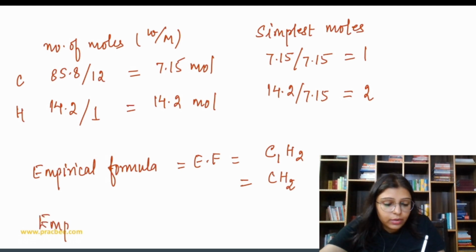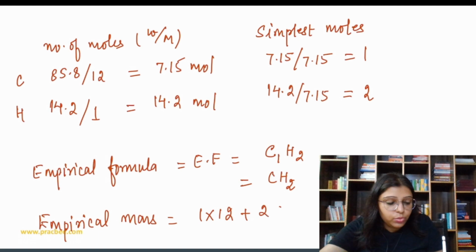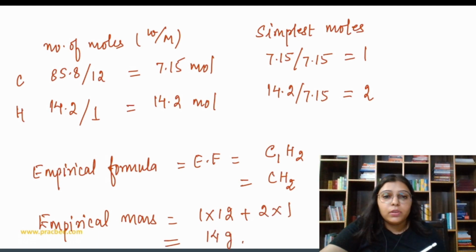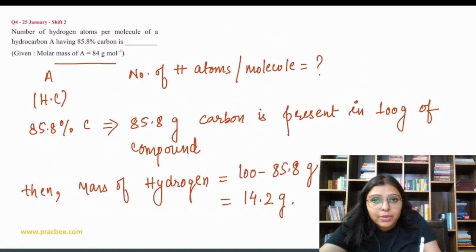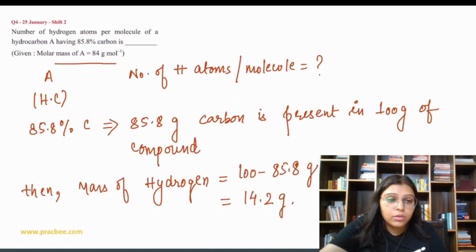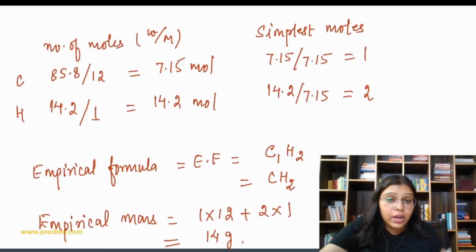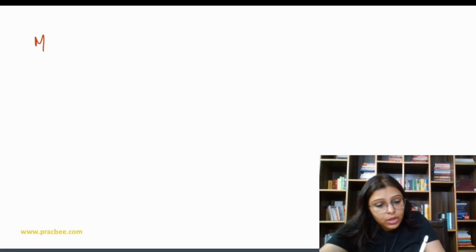Now let's calculate the empirical mass. Empirical mass is 1 into 12 plus 2 into 1, which is equal to 14 gram. But in the question, we have the molar mass of the hydrocarbon as 84 gram per mole.